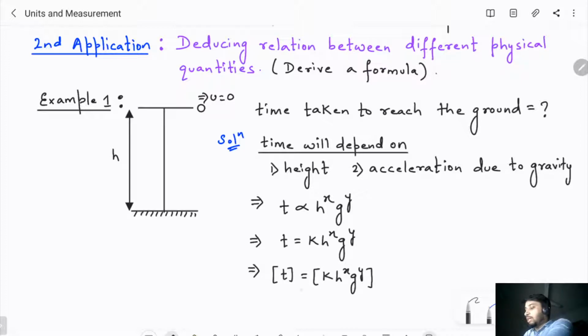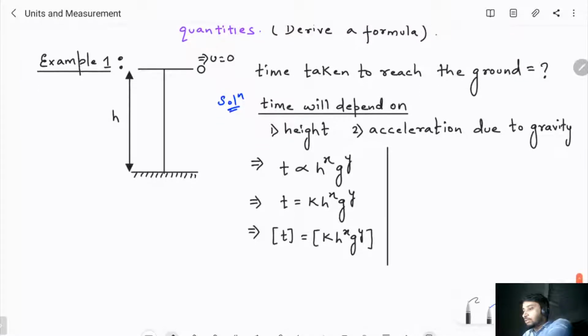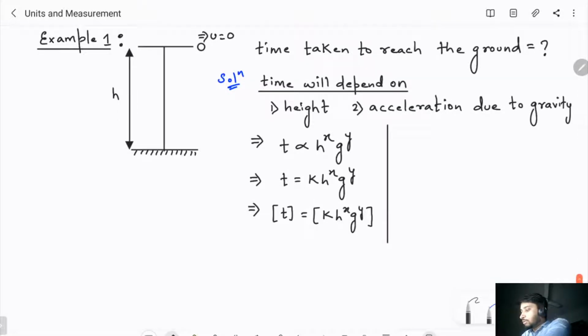So here k is some proportionality constant, some mathematical value it will be. So that will be a dimensionless quantity. And for time t, we'll get it as capital T here.